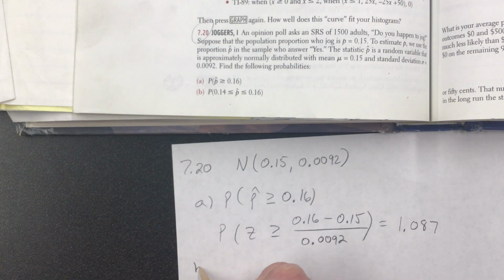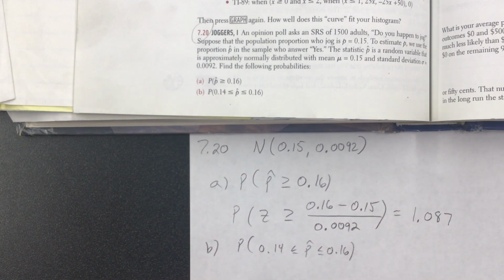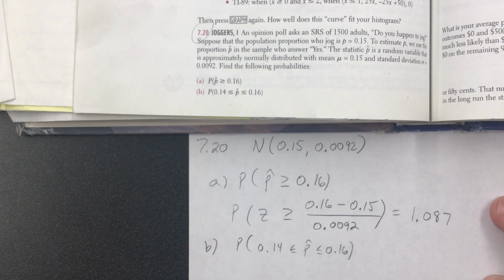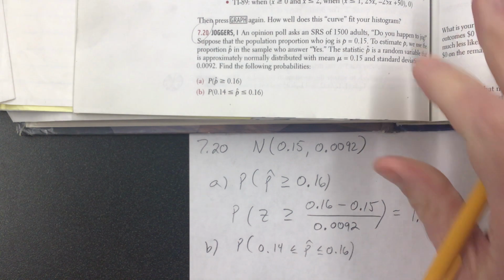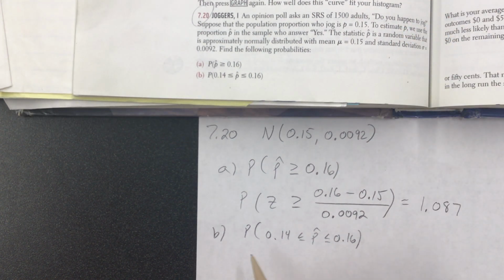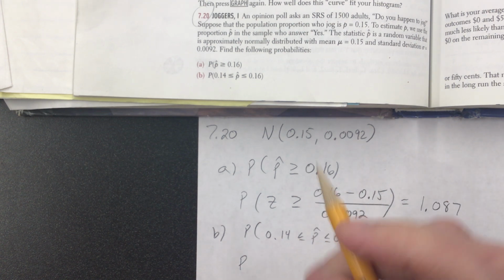All right, letter B. Find the probability that between 14 and 16% of my respondents say they jog. So this is just a center section problem. Again, get your z-scores. That's your work on a free response question. If this is multiple choice, I would just jam it right in the calculator, but this is not multiple choice.